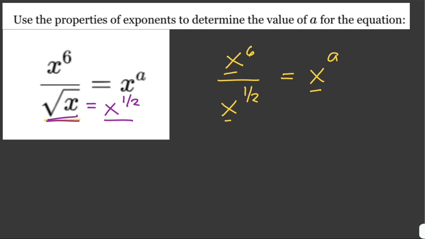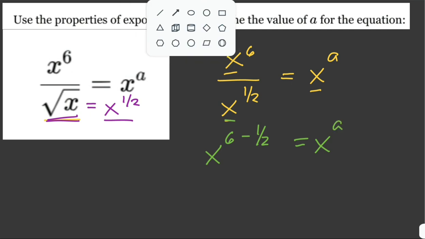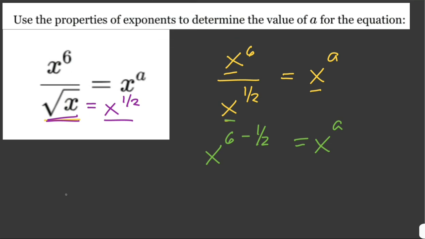When the terms have the same base, we just subtract their exponents. So this becomes x to the 6 minus 1/2. We subtract the exponent of the denominator from the exponent of the numerator, and then we equate this to x to the a.